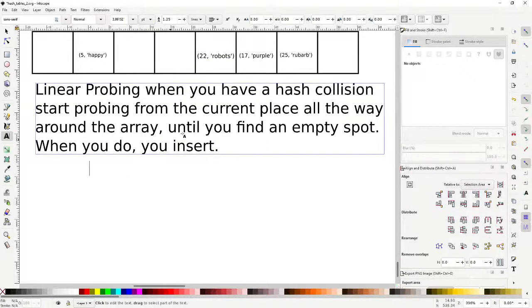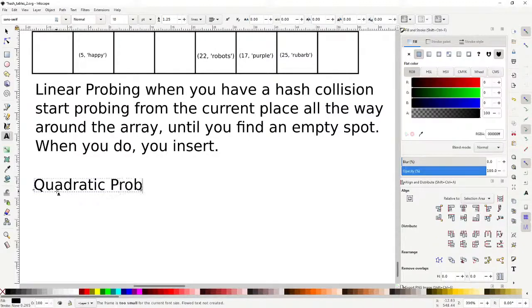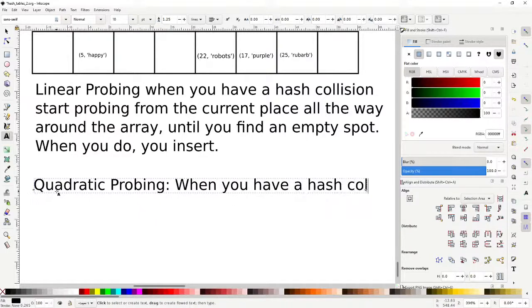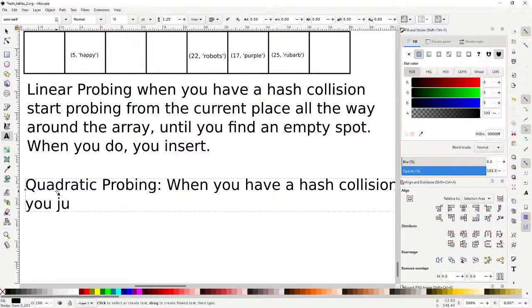So that's one way to do it, right? And then the other way to do it was quadratic probing, where quadratic probing is basically when you have a hash collision, you jump to wherever the start position is, which is equal to the hash value of the key.